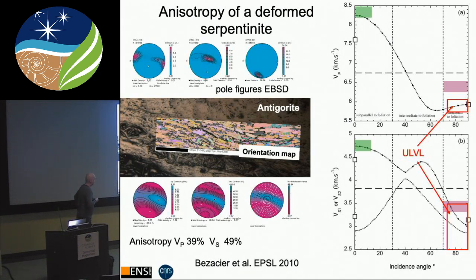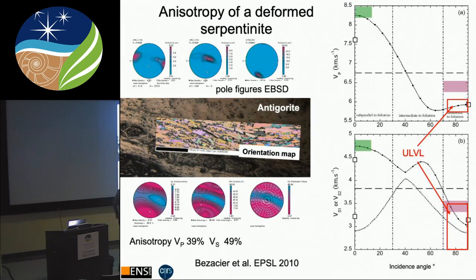Okay, so we have a huge anisotropy. For comparison, what is considered highly anisotropic peridotites would give numbers in the range 10 to 15%. And one way to plot this is actually to look at the evolution of wave velocities as a function of angle of incidence with respect to the foliation.